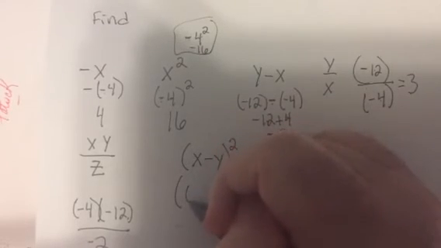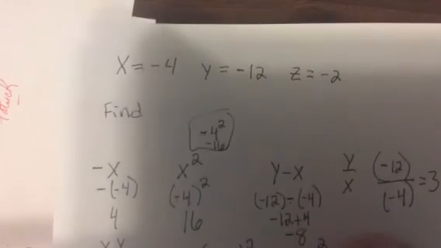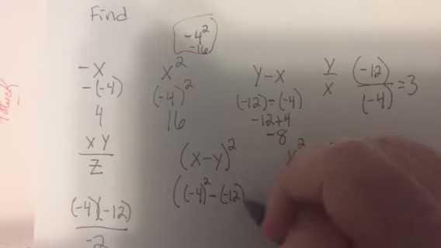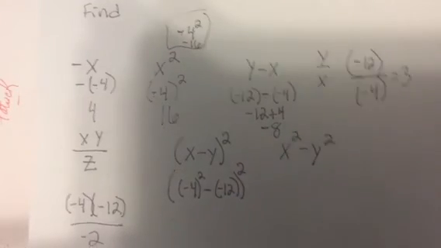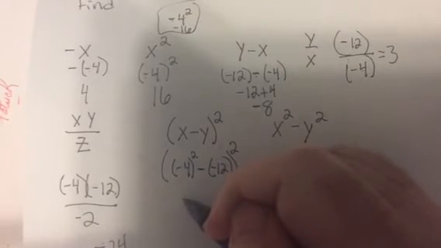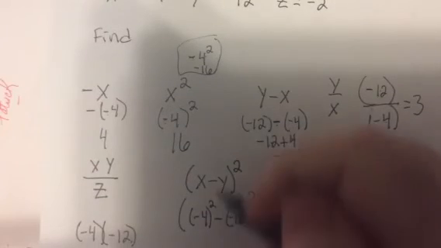Now this one is negative 4 for x, that's why I moved it. Y is negative 12. Then square the whole thing. Negative 4 squared. Oh, did I mess up? Oh, I did mess up. I am sorry.